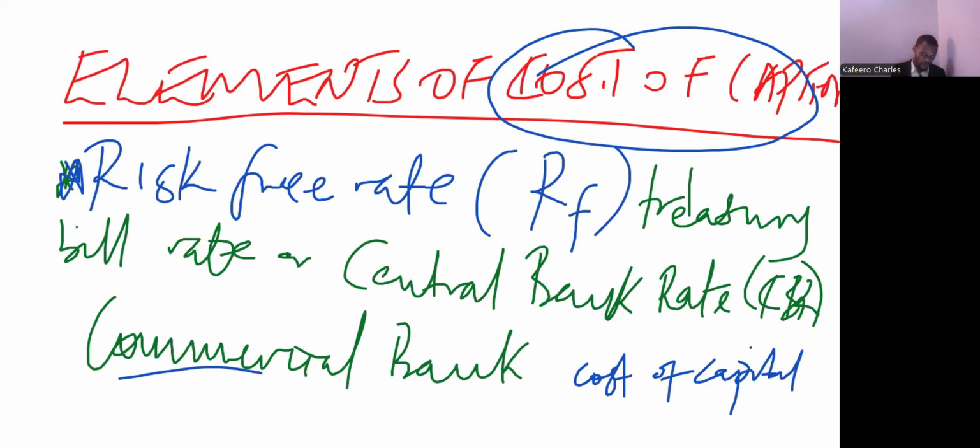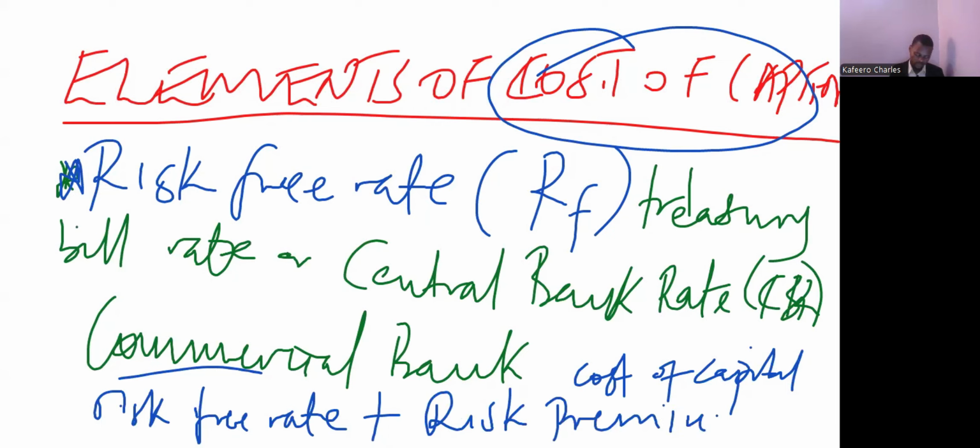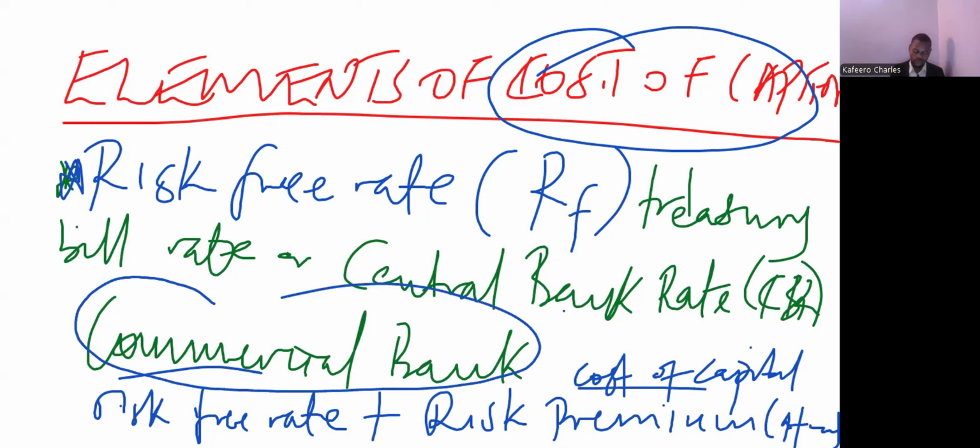They pick what we call the risk-free rate, and then they add, of course, what we call the risk premium, if any, because it may not be there. That's how the commercial banks arrive at their cost of capital. They get the risk-free rate, that is the rate at which they borrowed, plus the risk premium, if at all it is there.